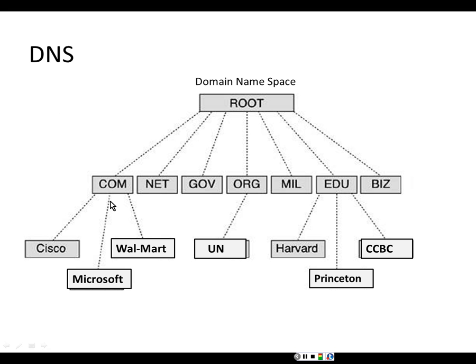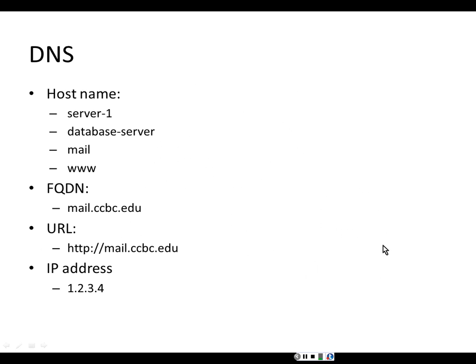Those top-level domains such as .com are divided into second-level domains such as Cisco or Microsoft or Walmart. And the .edu top-level domain can be subdivided into Harvard, Princeton, and the Community College of Baltimore County.